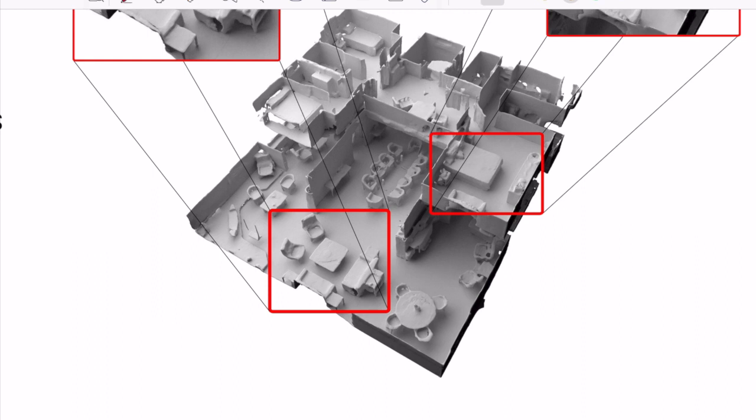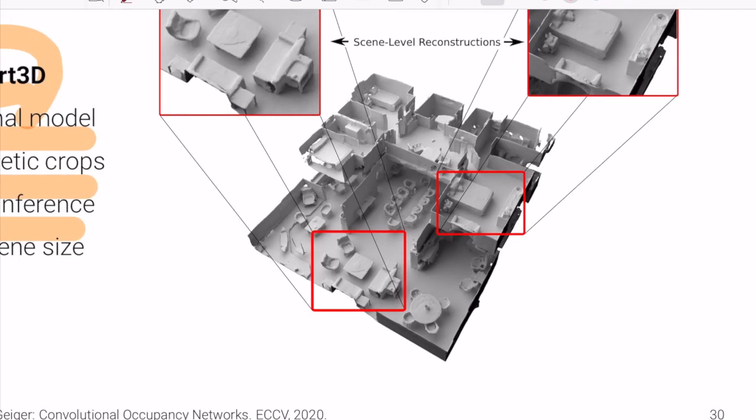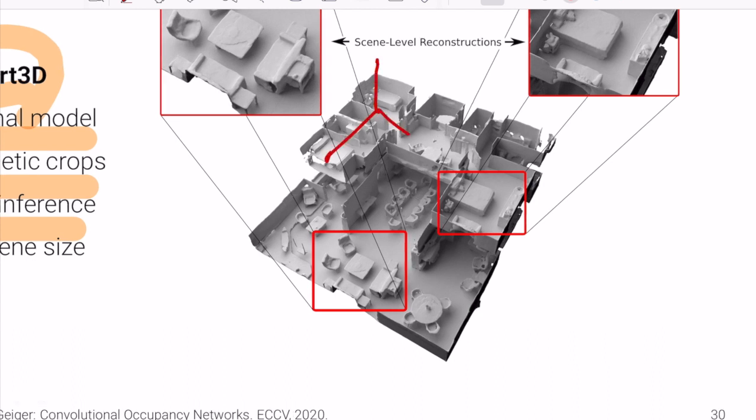So it just reconstructs the 3D world by considering, let's say, a 3D cube in a sliding window manner.